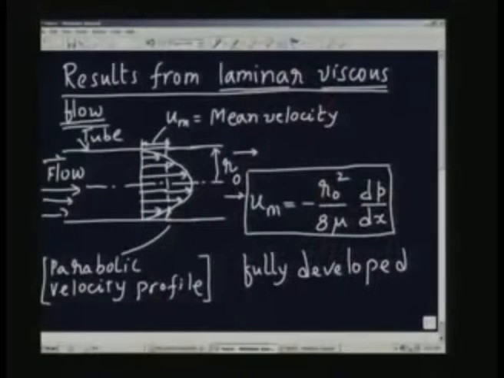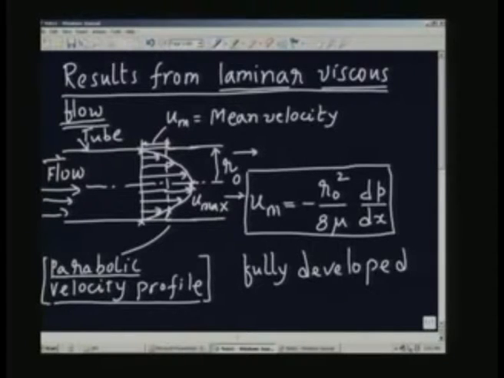As the flow takes place from left to right, the flow velocity variation with respect to the radius in the radial direction remains the same. And this velocity profile is given by what is called a parabolic velocity profile, which is indicated by the parabola here. The velocity is 0 at the walls and a maximum at the center line or the axis of the tube.